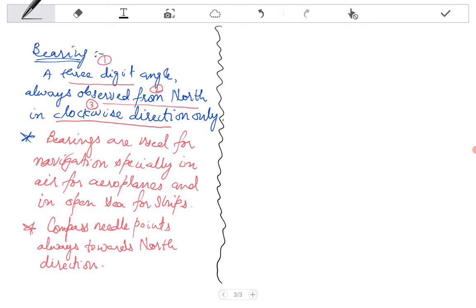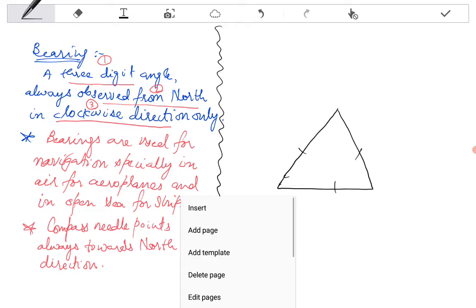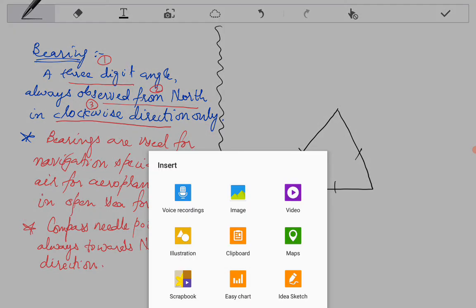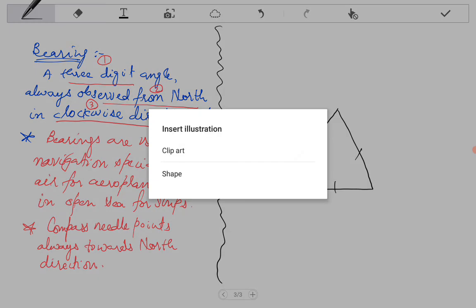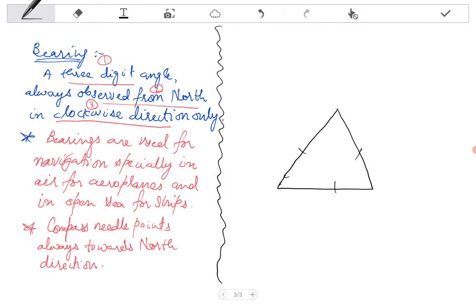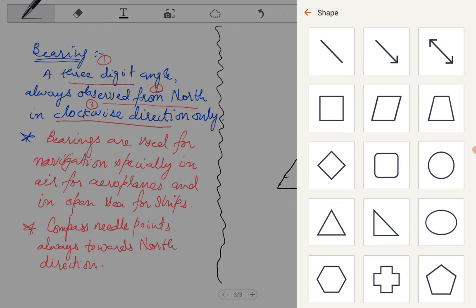If we take an example here, like we have an equilateral triangle over here. This is an equilateral triangle, so all sides and all angles are equal. I think I should try to insert some well-defined shape if it is available. Yes, it's here.